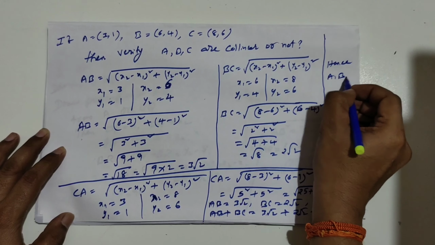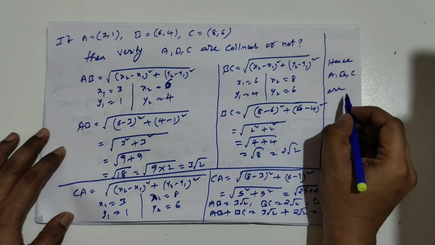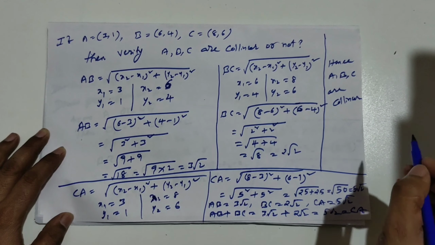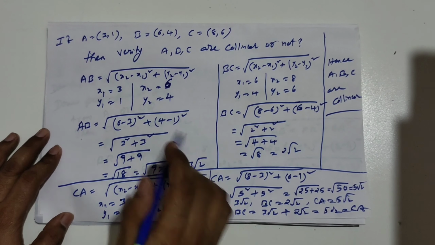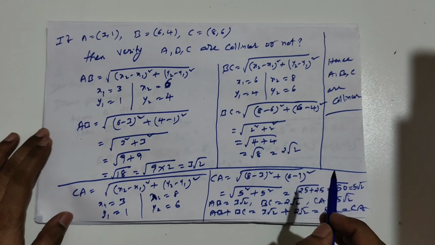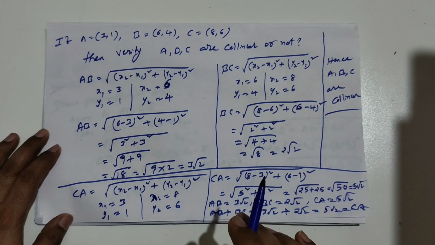Okay, so like this we can do collinearity. We can apply the triangle area formula also, but in this case we can practice the distance formula. So to practice the distance formula, do it this way also. Okay, thank you.